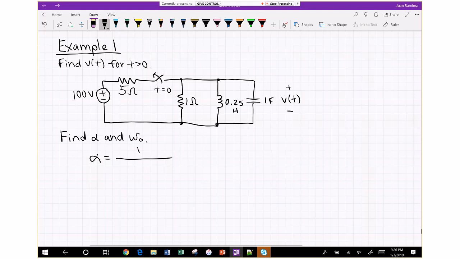After that switch opens, what you have left is the 1 ohm resistor, the 0.25 henry inductor, and the 1 farad capacitor. So your value for R is 1 ohm. And so we end up with 0.5 nepers per second.